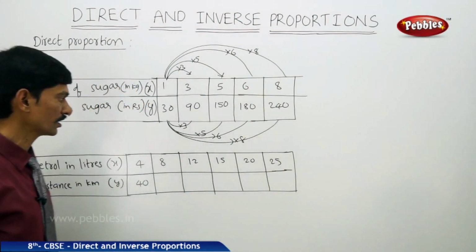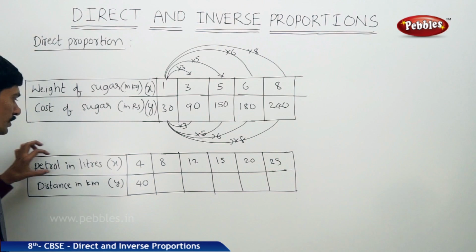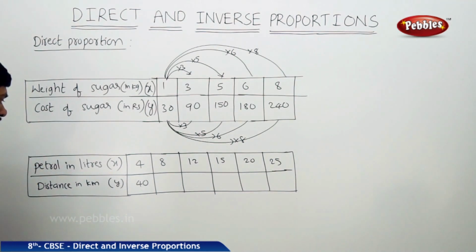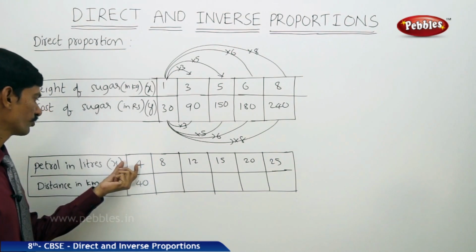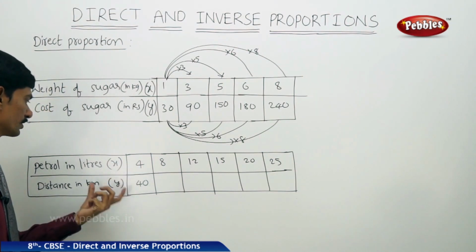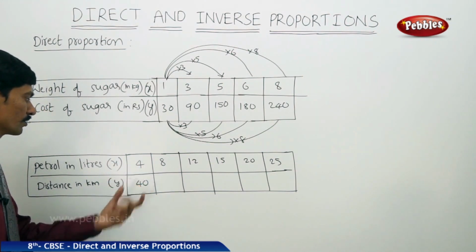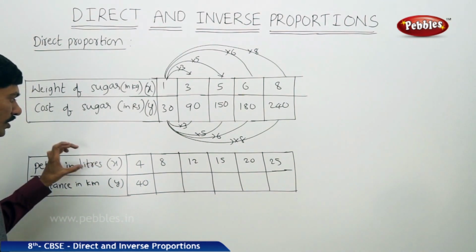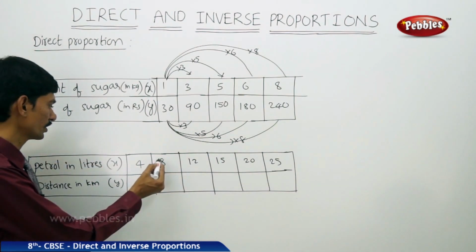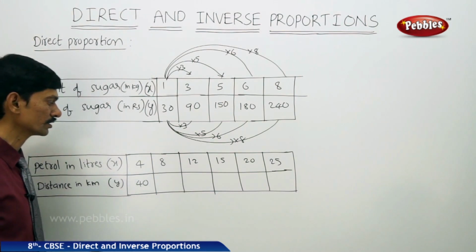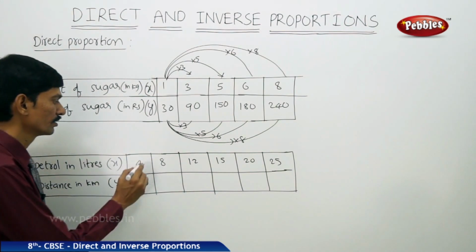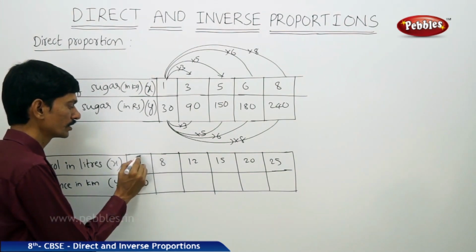Now let us take another example. Petrol in liters and distance in kilometers. So if your vehicle uses 4 liters of petrol, then it covers a distance of 40 kilometers. If the same vehicle uses 8 liters of petrol, then how much distance does it cover? So here, how did we get 8?